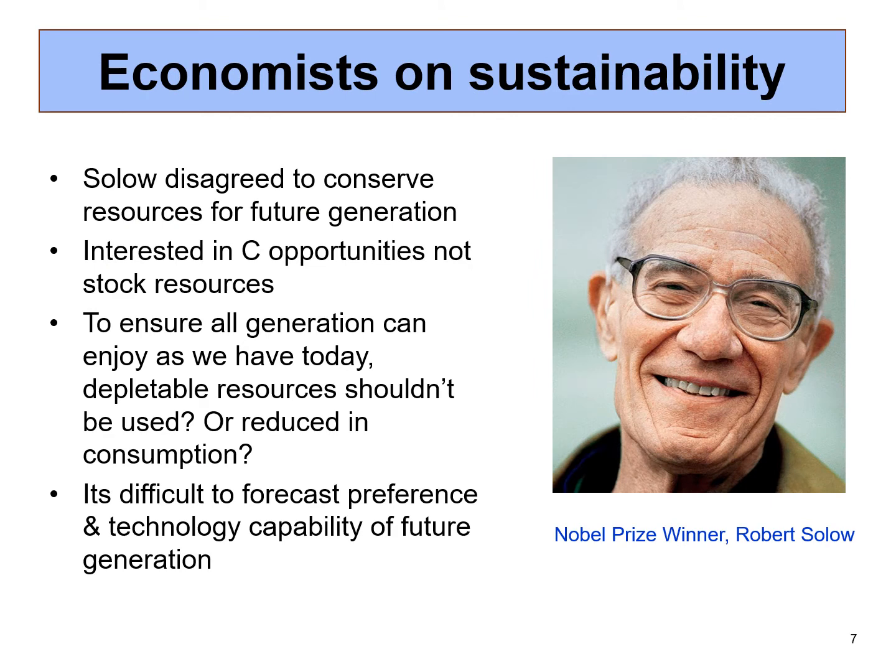For your information, Solow disagreed with conserving resources for future generations. If you still remember our previous discussion, we talked about resources, right? Resources can be divided into two. The first one we call flow and the second one is stock resources. You can use your flow resources as much as you like because our current consumption will have no effects on future resources.